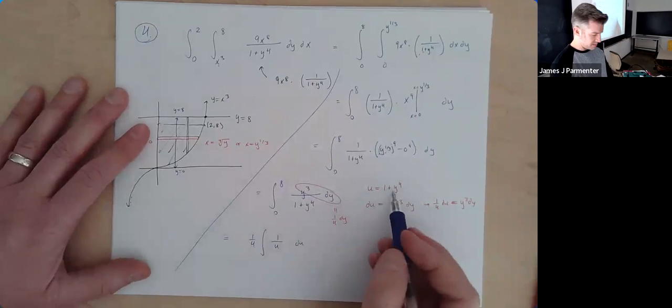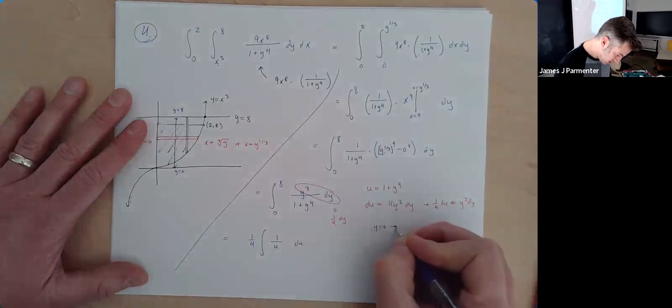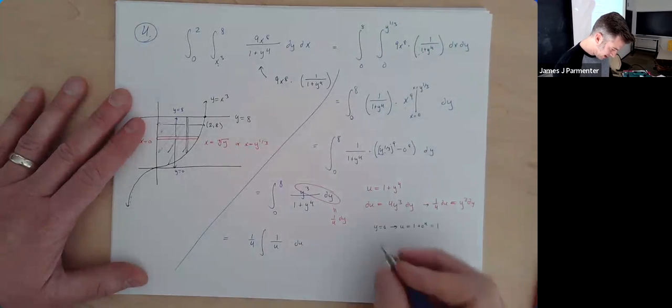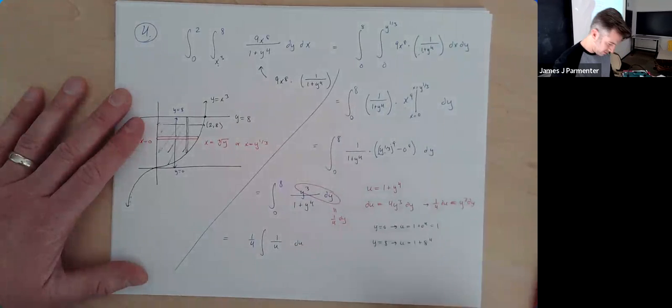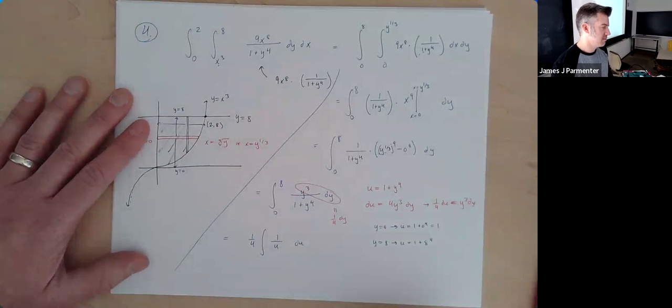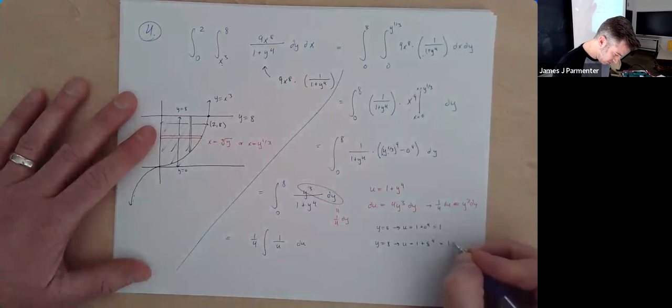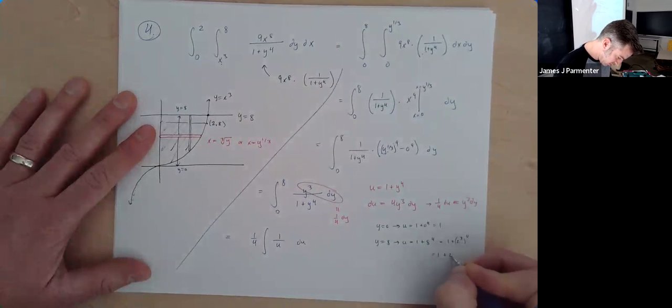We could change the limits of integration. If y equals 0, u equals 1 plus 0 to the 4th, which is 1. And if y equals 8, u equals 1 plus 8 to the 4th power, which we could write down as 1 plus 2 to the 3rd to the 4th, which is 1 plus 2 to the 12th.